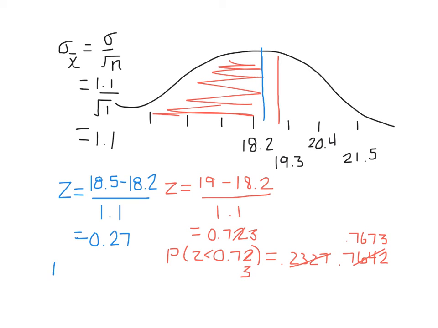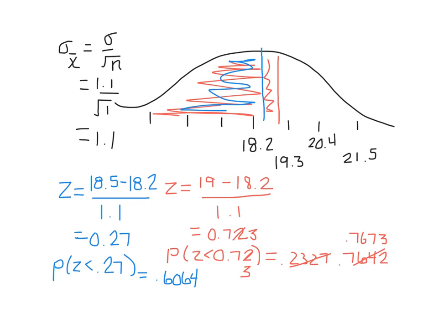So when we look up that proportion of men who will have a z-score of 0.27 or less, we see in our table that that proportion would be equal to 0.6064. So basically this blue area here is equal to about 60.6%, a little smaller than the total red area that it overlaps.